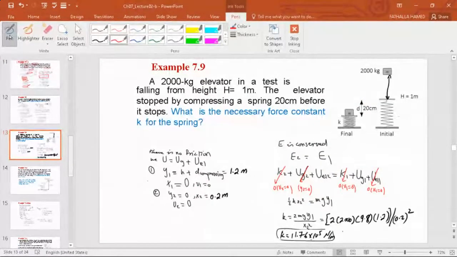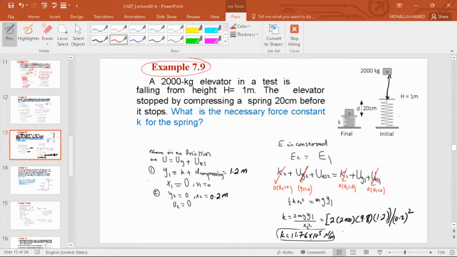All right. Let's take an example where both the gravitational and elastic are involved. In this example, we will look at a 2000 kilogram elevator in a test, falling from a height of 1 meter.